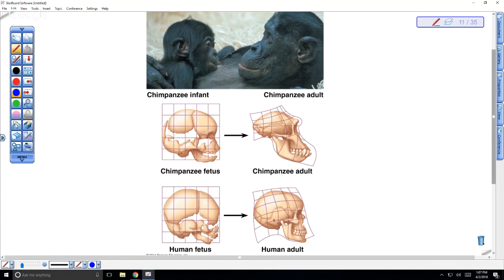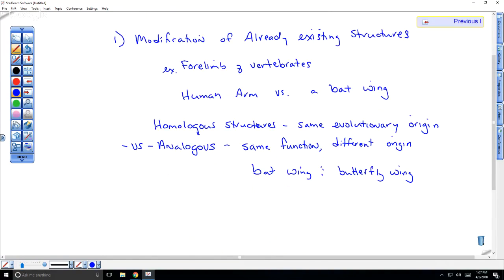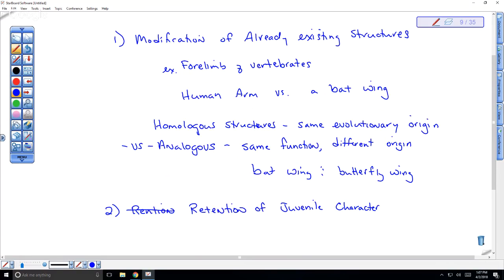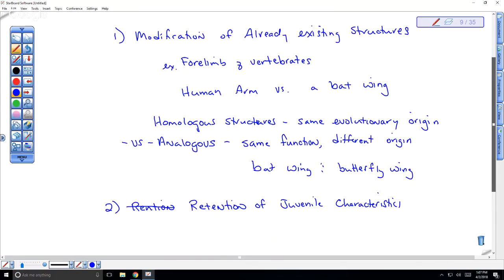Okay, so this actually goes back to my second one. So this is mechanisms of macroevolution. So this would be retention of juvenile characteristics. And this has a name.